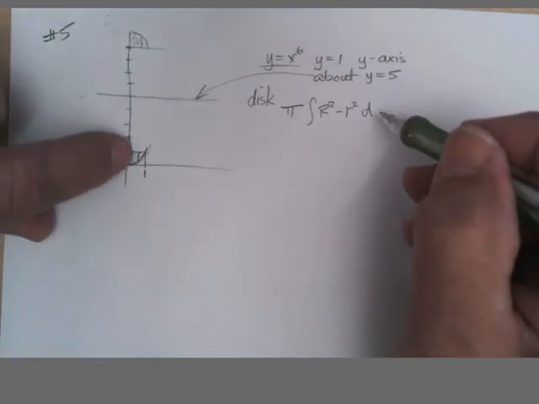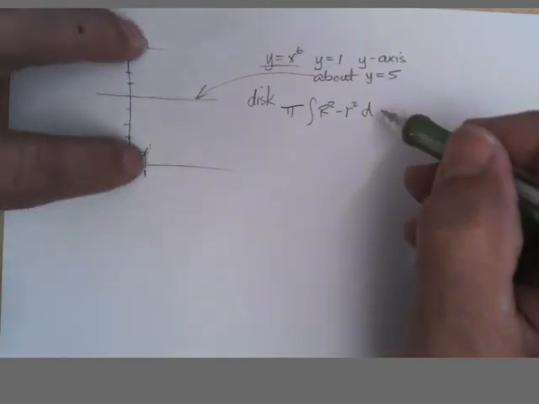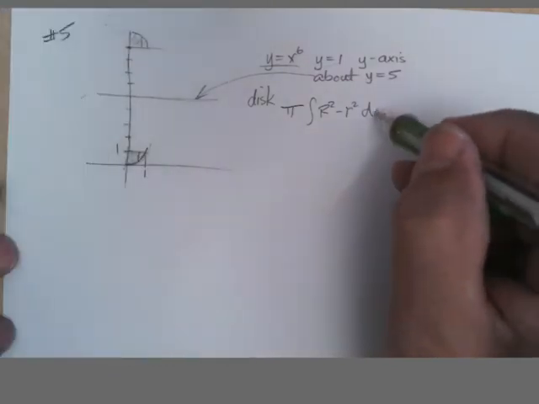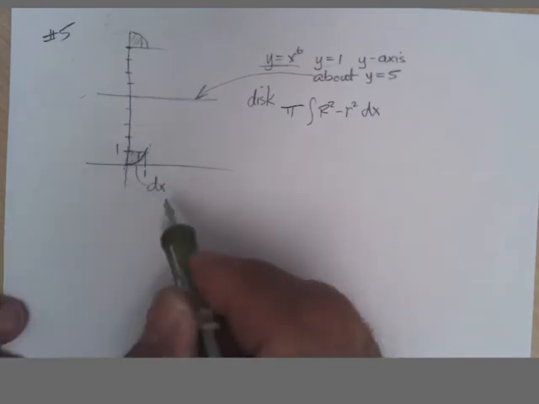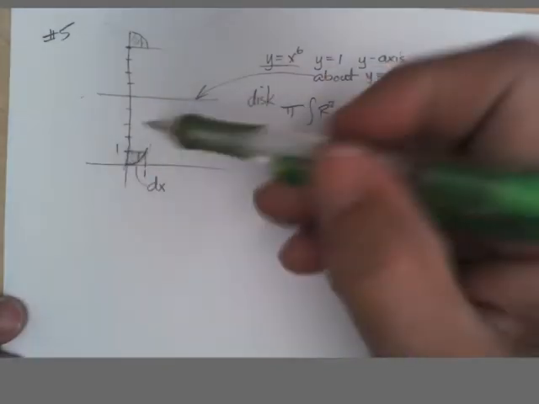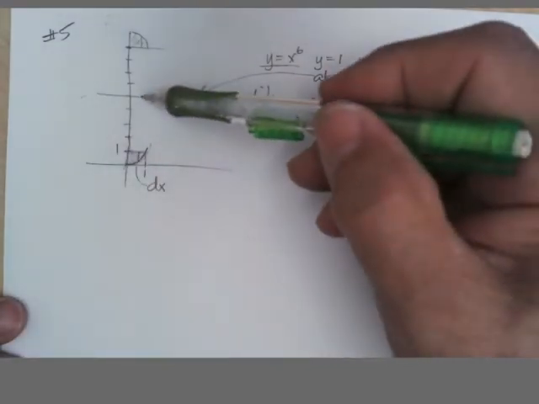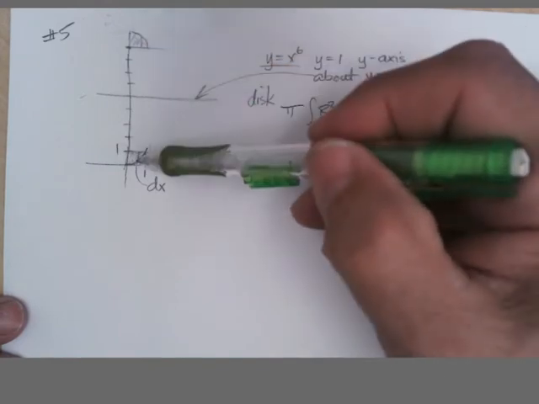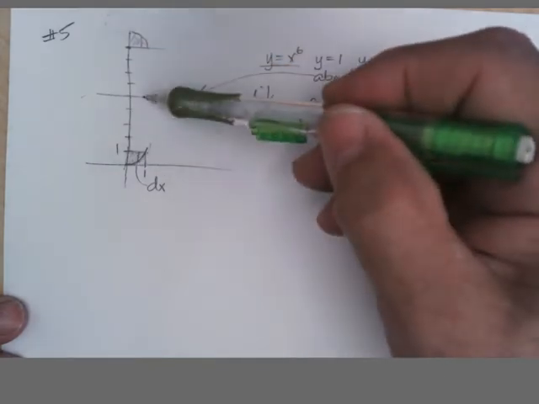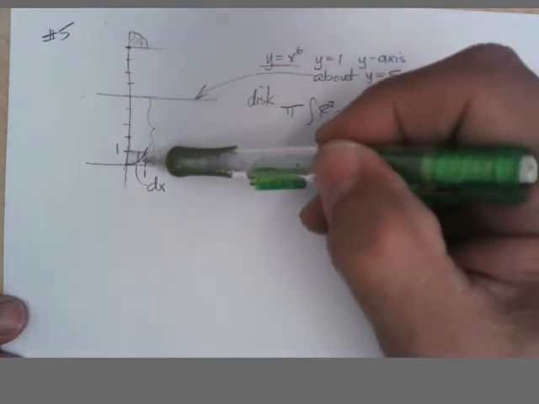The thickness of my slice is this way, which is dx, and my large radius is here, from here to there.